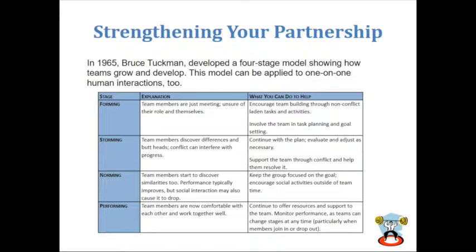This is what a group goes through from the beginning stage of developing a team environment through the ending stage where they are performing at all cylinders and everything is working ideally. Have you had that in your work life situation? Great.